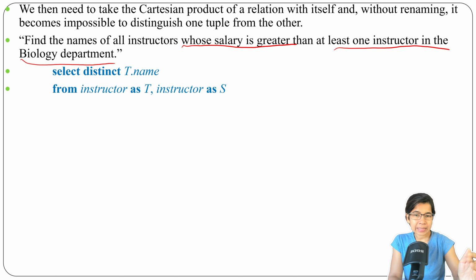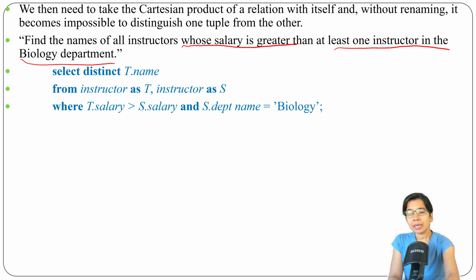So we are comparing the salary of an instructor with the salary of a biology department instructor, where T.salary greater than S.salary and S.dept_name equals biology. So this S is for the biology department instructor, and this T we are comparing with the biology department instructor.